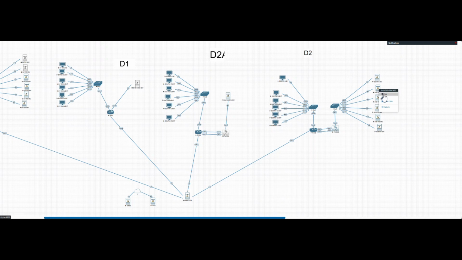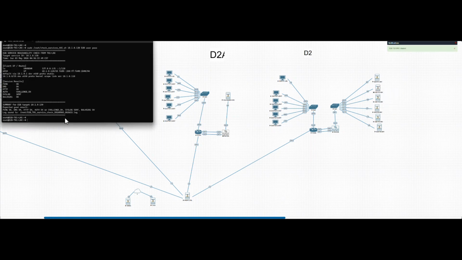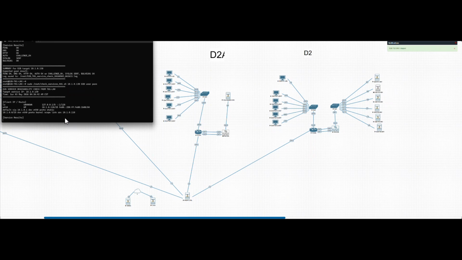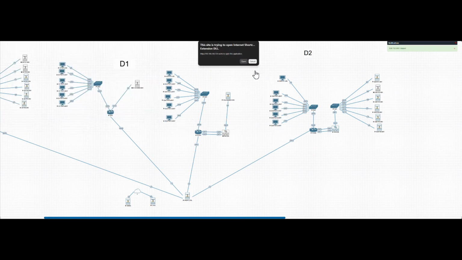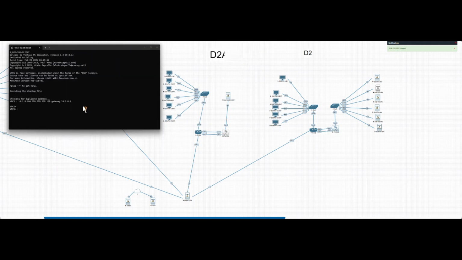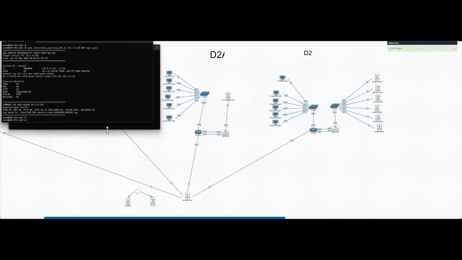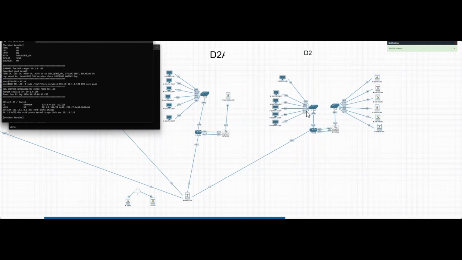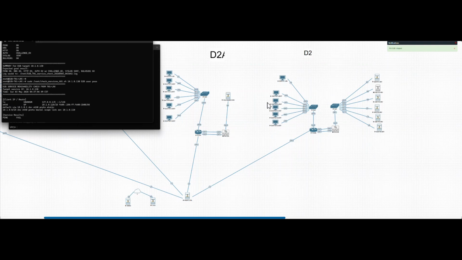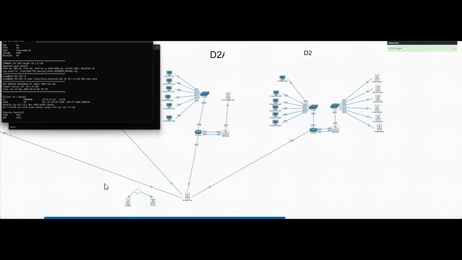When another server is down, our client is not affected, only this client is affected. But when the firewall is down, all clients are affected. We can't reach any services. As you can see, all is down.